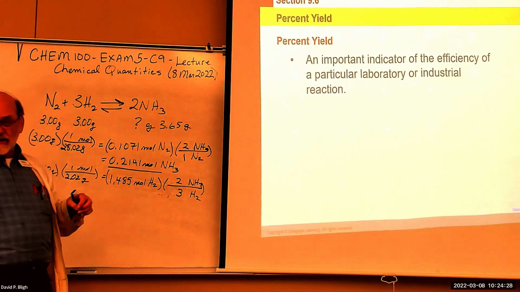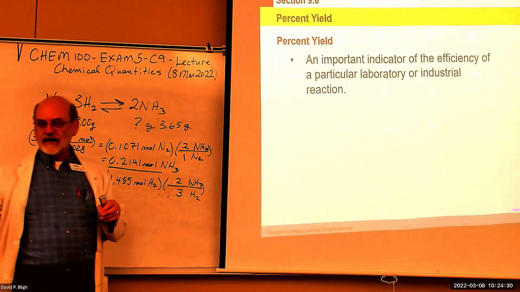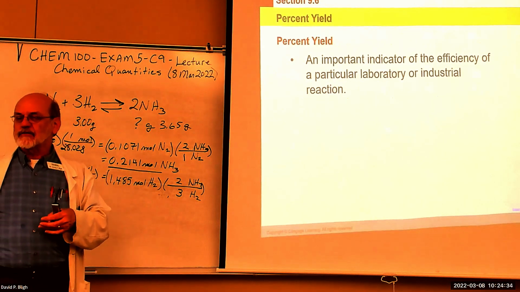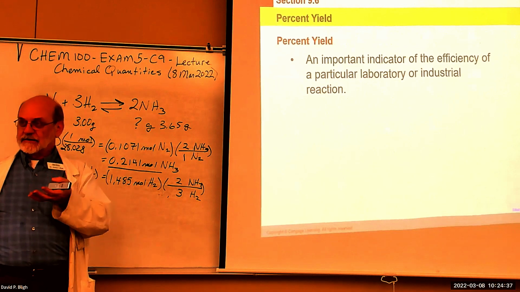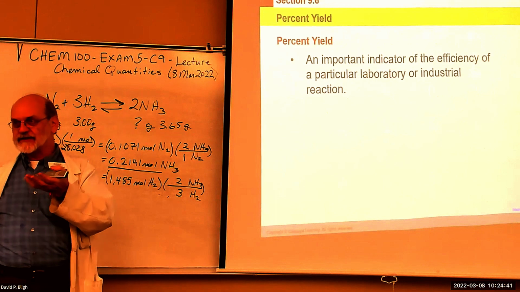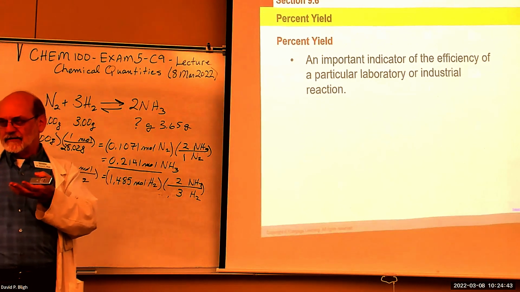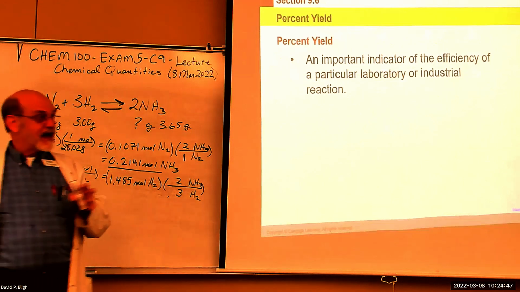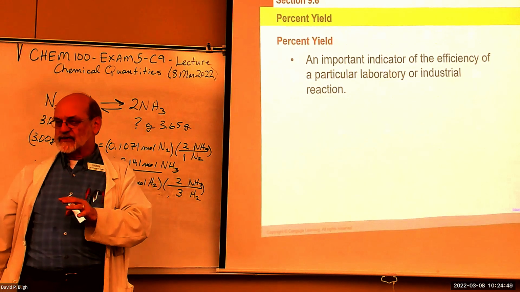Or if it were a liquid or a solid, you could have a leak there too. Or if you had to separate a solid from a solution, filter it, you may not get all of it. Some of it might go through your filter and stay in the effluent. So there are a whole host of different reasons that your yield is not going to be 100%.